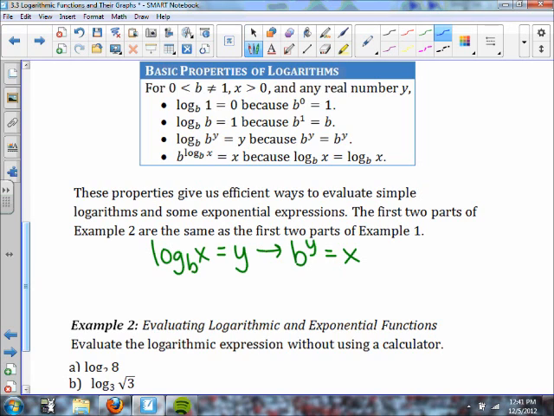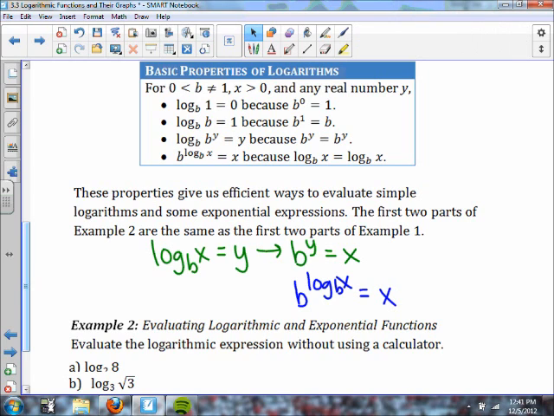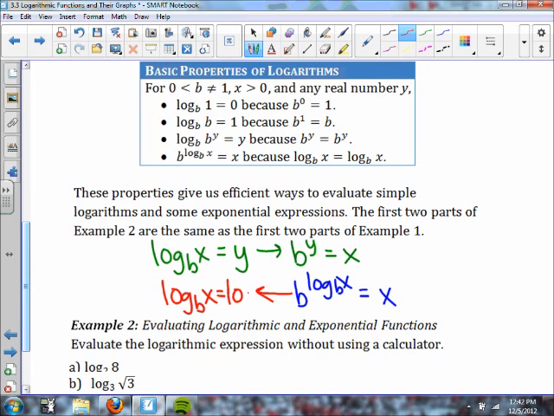In this case, though, we're given b to the log of x to the base b, and that's equal to x, right? If I had to switch this back this way, we'd end up getting log of x to the base b is equal to log of x to the base b.